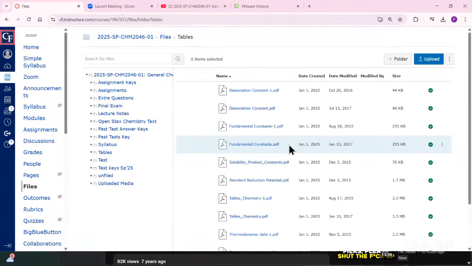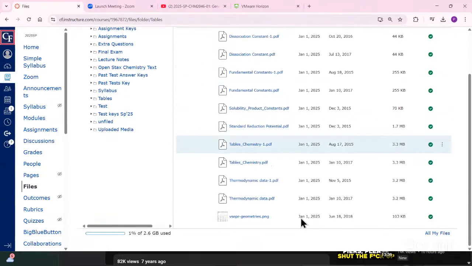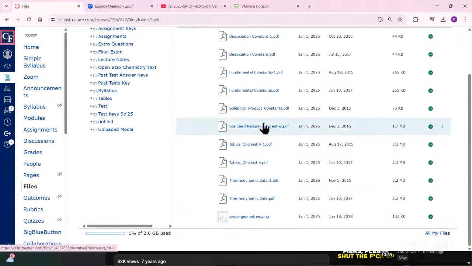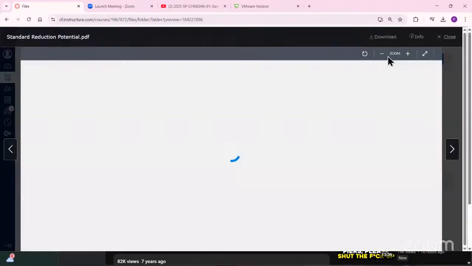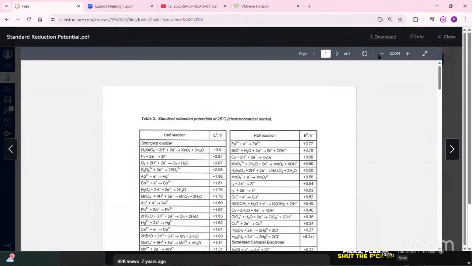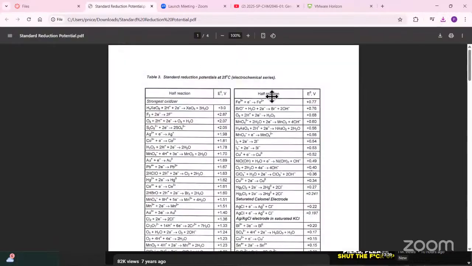Oh, here it is, standard reduction potential. So let me just download that so you see what it looks like. All right, so this is a table you'll have access to.